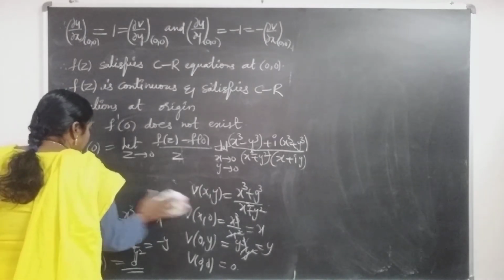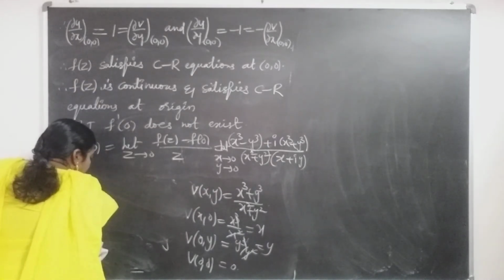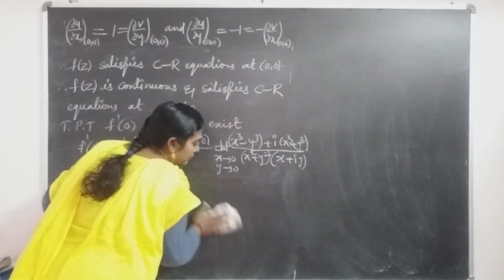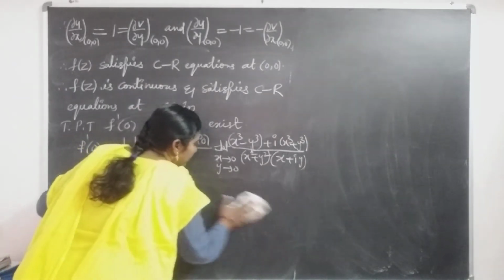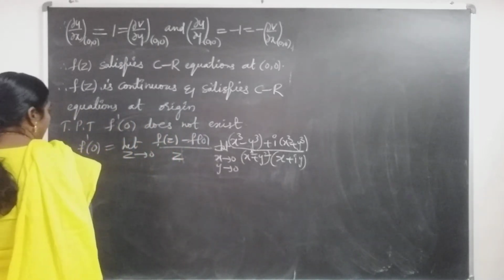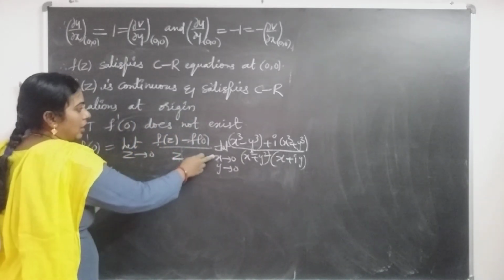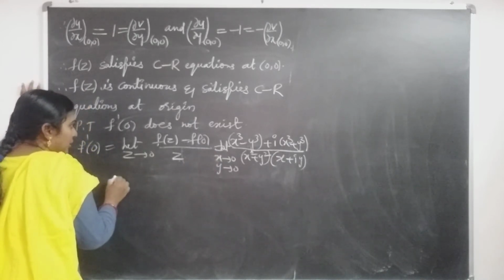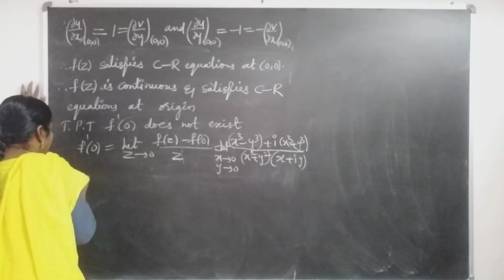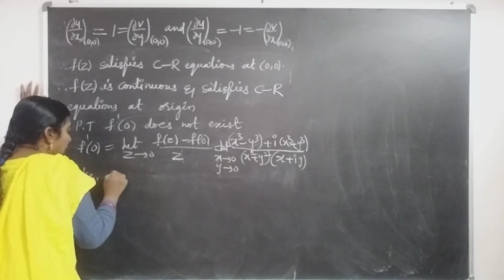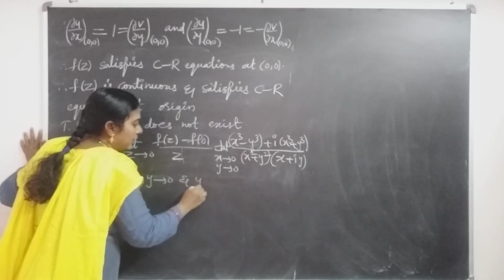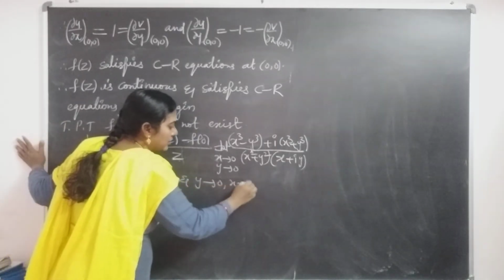f of z is equal to u of (x, y) plus i v of (x, y). For two cases, the limit value is 0. Take x tends to 0, y tends to 0 and y tends to 0, x tends to 0.